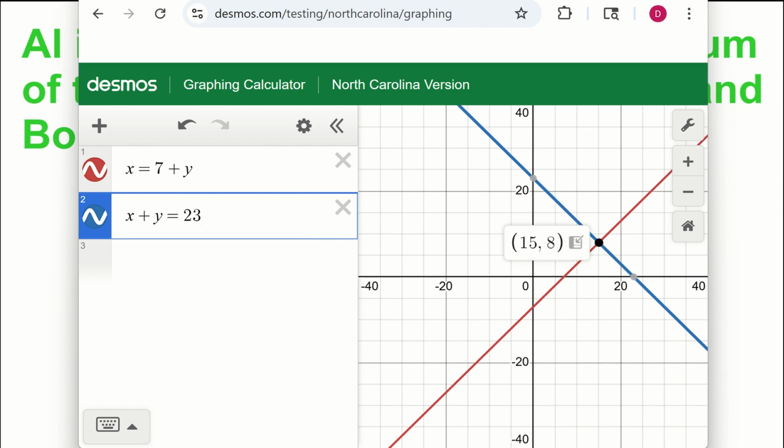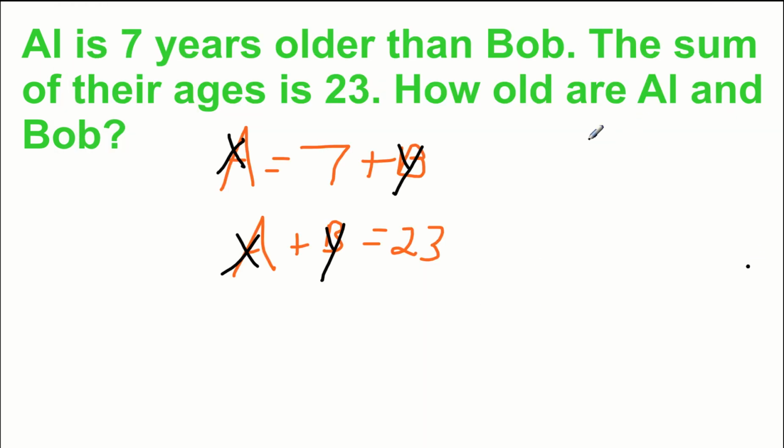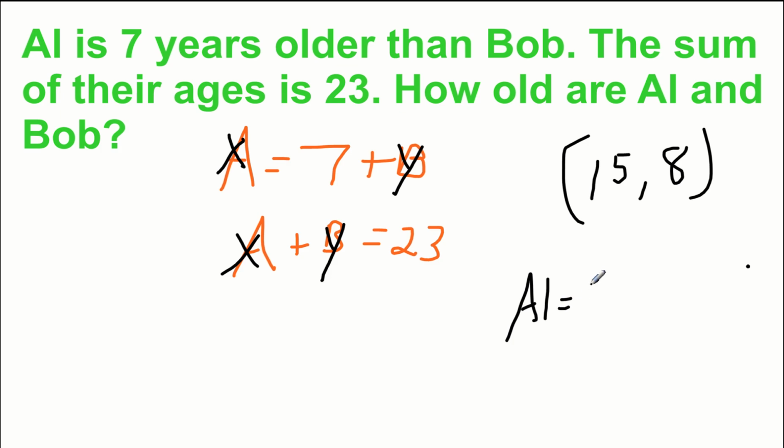See, that means when I get an answer here, I had the ordered pair 15, 8. So the X value is 15. Who's X? Al. So Al is 15. The Y value is 8. In this case, I made Bob the Y value, so Bob is 8.